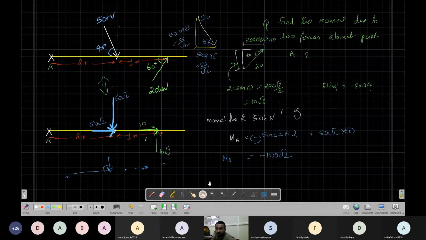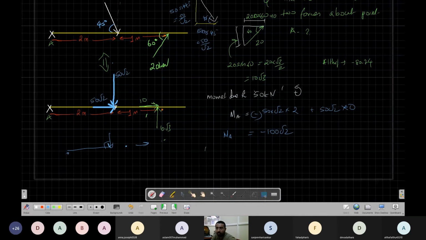Now again I have to calculate the moment due to the 20 kilonewton force. Once I take one sign convention, the same convention I have to follow. Again two forces are there.